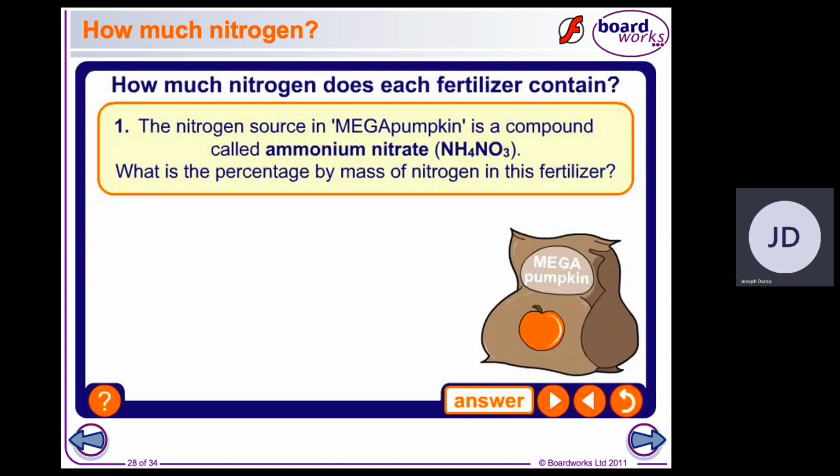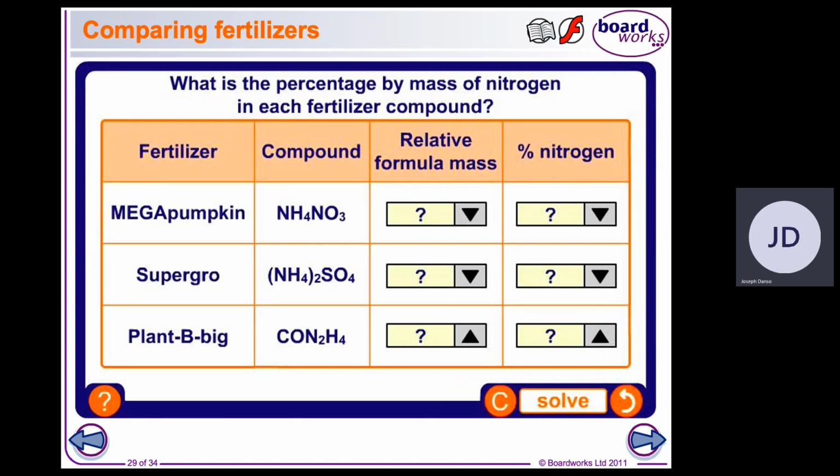Let's look at this one. How much nitrogen does each fertilizer contain? We have 3 types of fertilizer, and we want to find out the amount of nitrogen in each of them, and we can do that by calculating the percentage of nitrogen in each of the fertilizers.